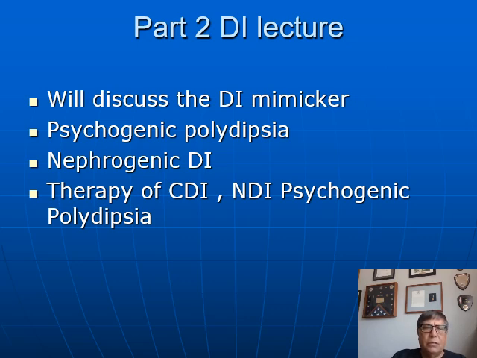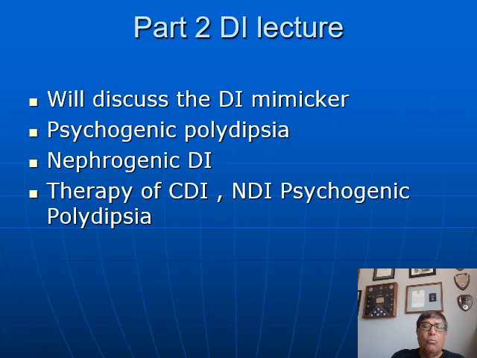Then there is one that is very interesting, at the same time could be very difficult to manage, and that's called psychogenic polydipsia. That's the old name, because it did occur with people with neurodevelopmental delay or psychogenic disorder, but it has many other names also.